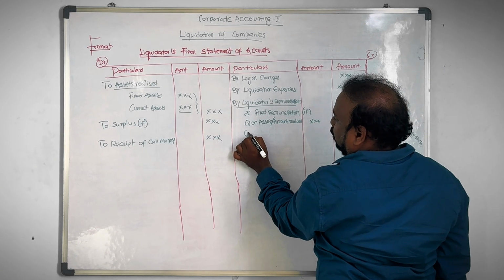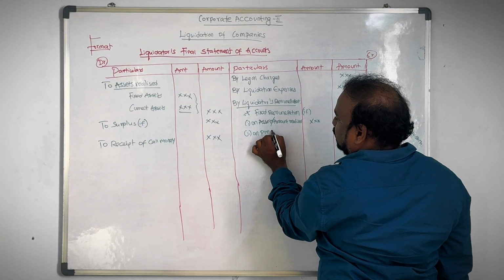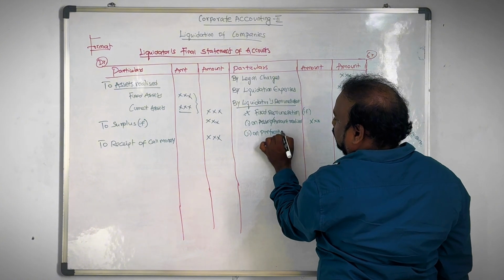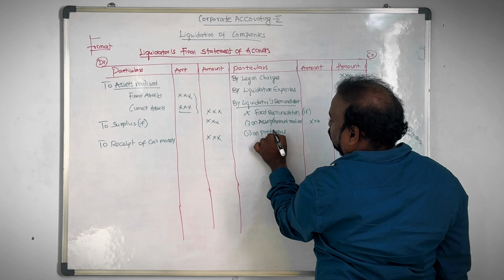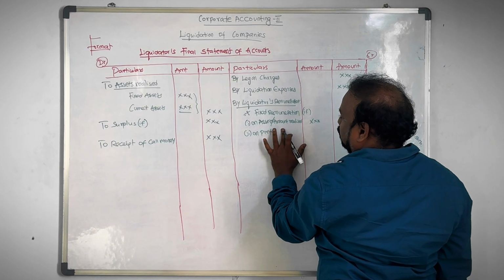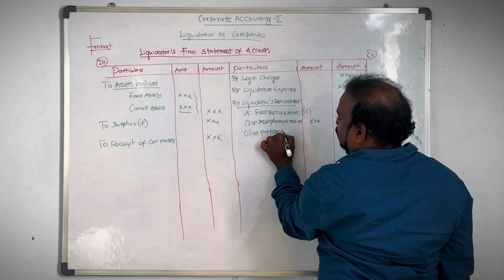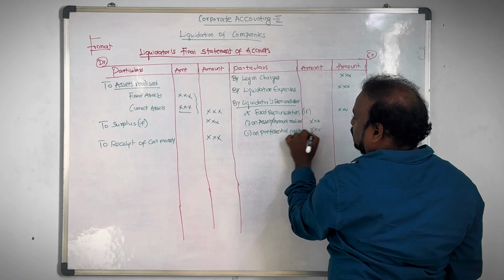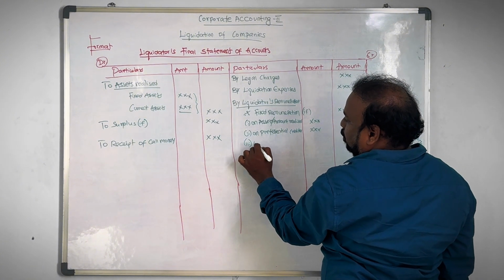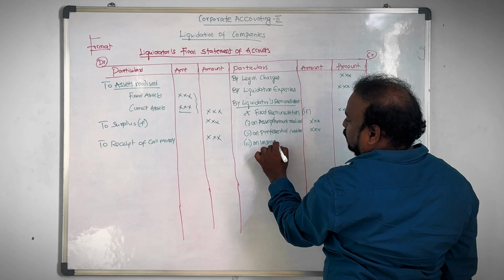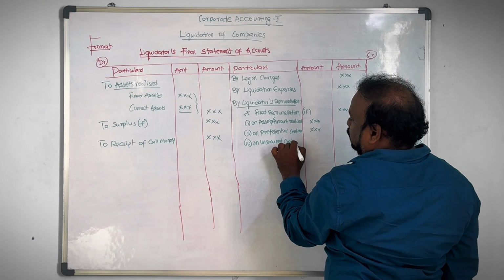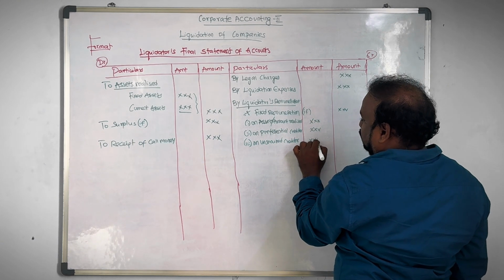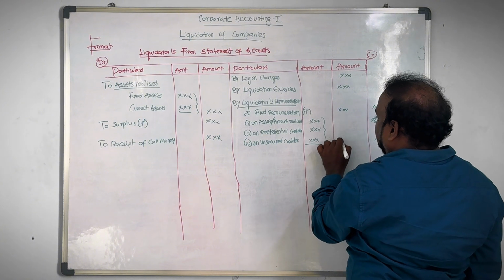Then on preferential creditor, we need to calculate the remuneration. Then on unsecured creditor, usually you don't have money to pay for the unsecured creditor.